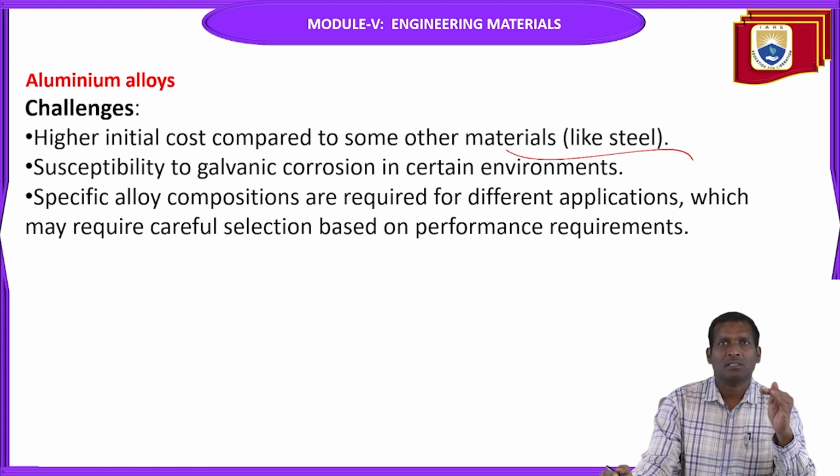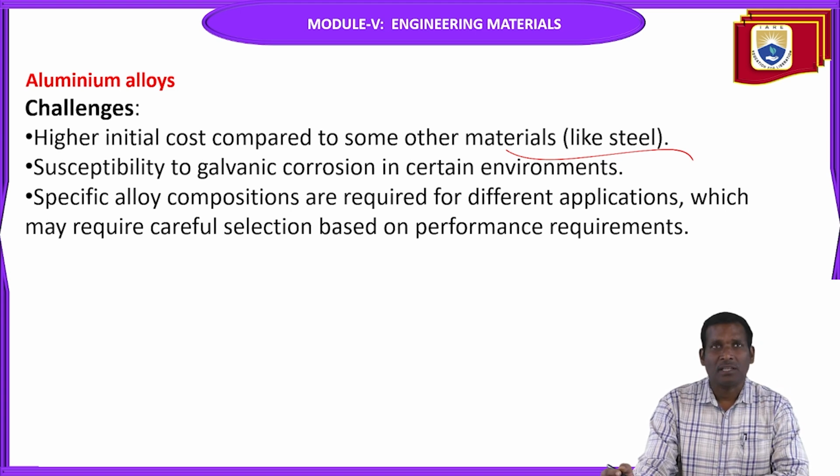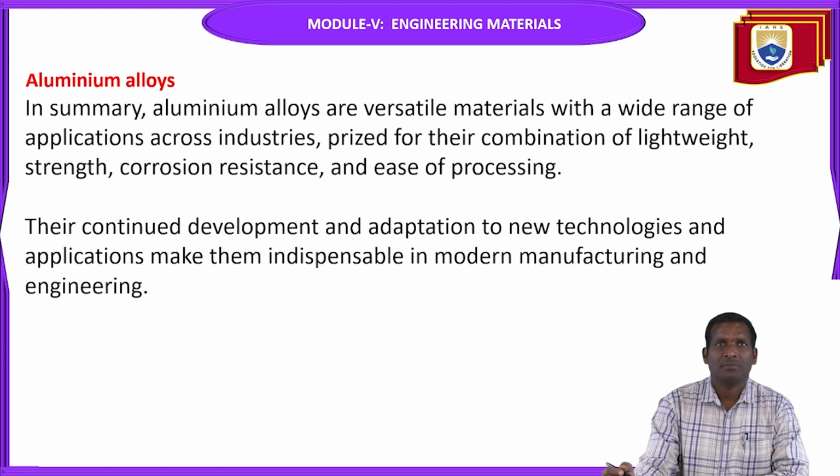So the initial cost is very high, and then susceptibility to galvanic corrosion in certain environments, and specific alloy compositions are required for different applications, which may require careful selection based on performance requirements. So these are the challenges of aluminum alloys.